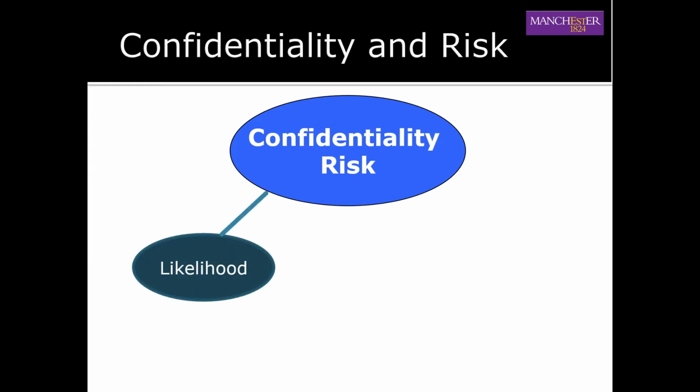And in a mature industry, risk consists of two components. The likelihood, first of all. One of the errors that people often make when thinking about confidentiality risk and the likelihood of a confidentiality breach is they confuse could with will. I'll illustrate by analogy. Could I, when I go for my walk after I finish my talk, be hit by a meteor?